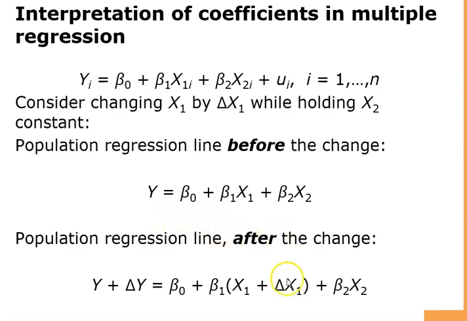Suppose there is a change in x1, and that change is added to the original level of x1, which becomes the total x1. This change in x1 will result in a change in y, and as you can see here, x2 is held constant.